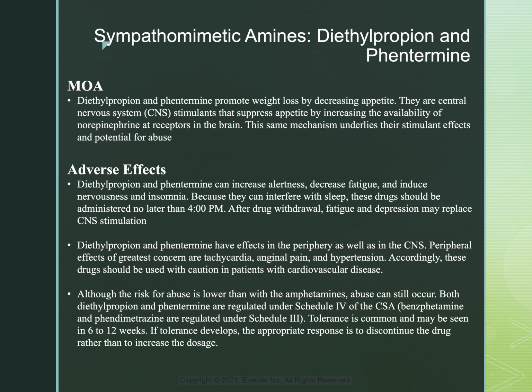Tolerance is common, and we see tolerance after the use of 6 to 12 weeks, and if it develops, then the response is to discontinue the drug, not to increase the drug. And if you're wondering what those other two drugs are called, you can find them in the book: benzphetamine and phendimetrazine. And these are the ones that are also approved, but Schedule 3 with a higher risk profile for abuse.